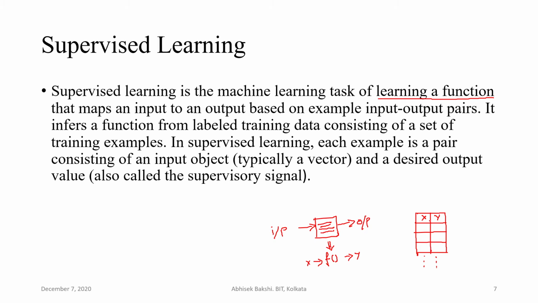Machine learning actually tries to learn a function that can map this input to output, that is x to y, based on some examples of input output pairs. So these are the examples of input output pairs.